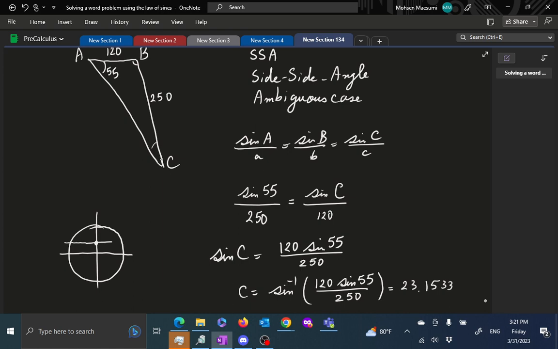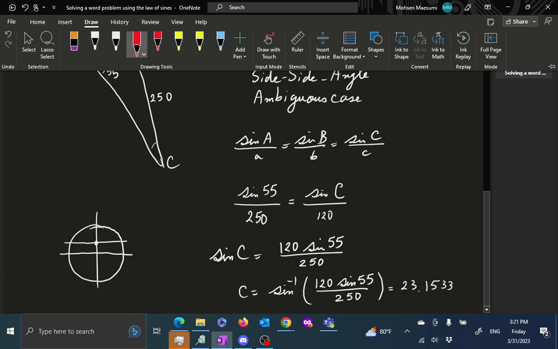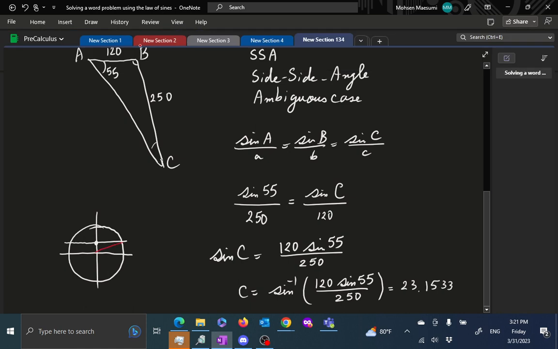One goes to the right, the other one goes to the left, and you want to calculate both of them. So this one we have calculated is 23 degrees. Well, how about the bigger one? Bigger one then is going to be 180 minus 23, and that is going to give us about 157.